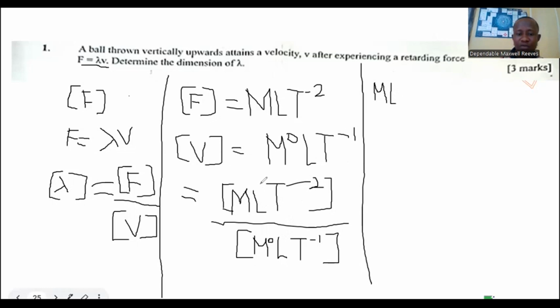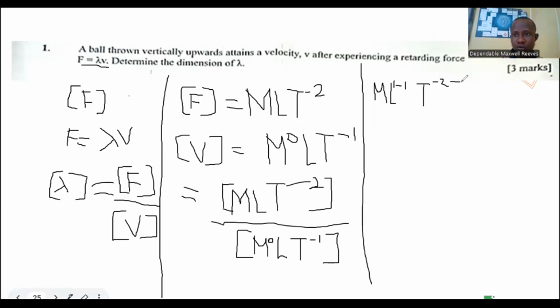Here we have an exponent of 1 and an exponent of 1, so 1 minus 1 for L. And here we have T and T, the same. We take one T, and here we have the exponent of negative 2, and this is negative 1. It comes up and changes to positive 1.